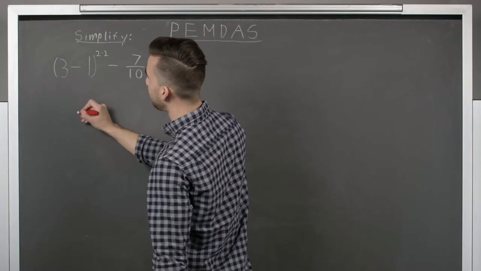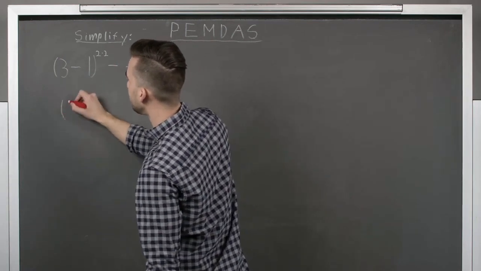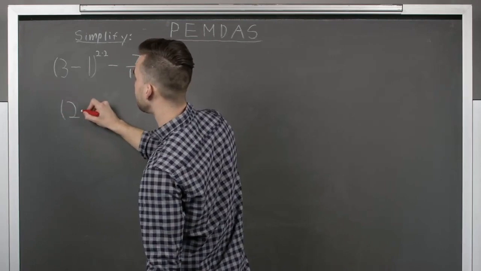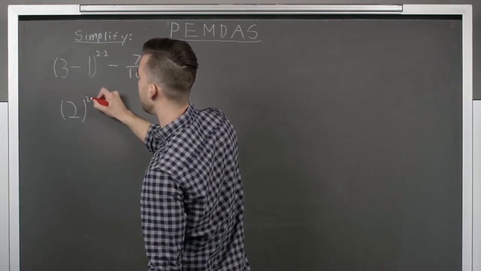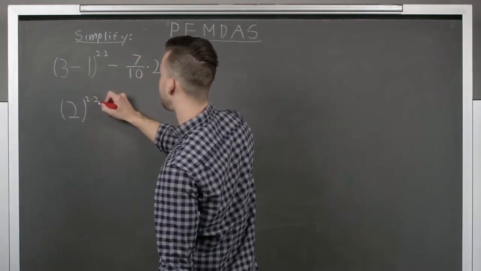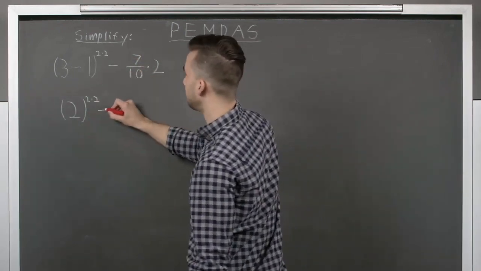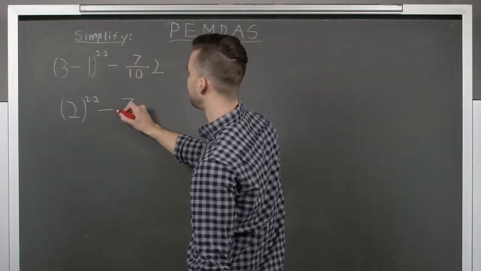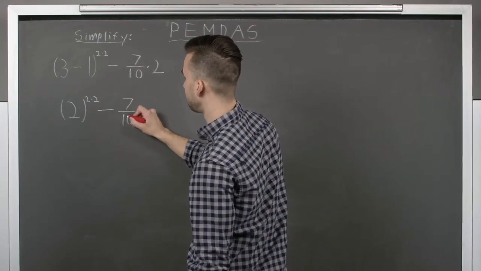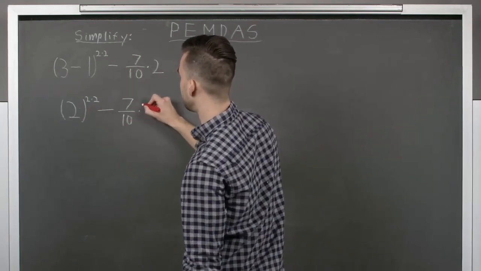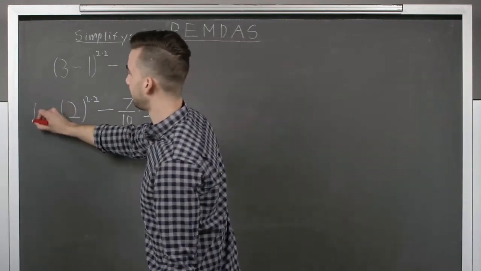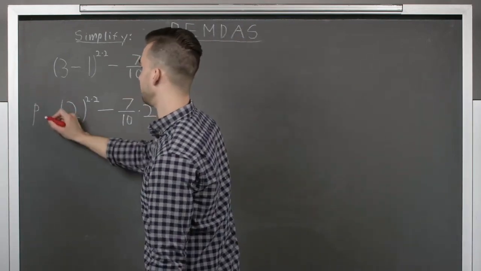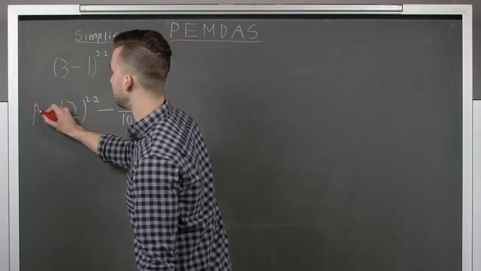3 minus 1 is 2. To the power of 2 times 2. We'll just bring that down. So I'll write P over here so we know this is our parentheses step.